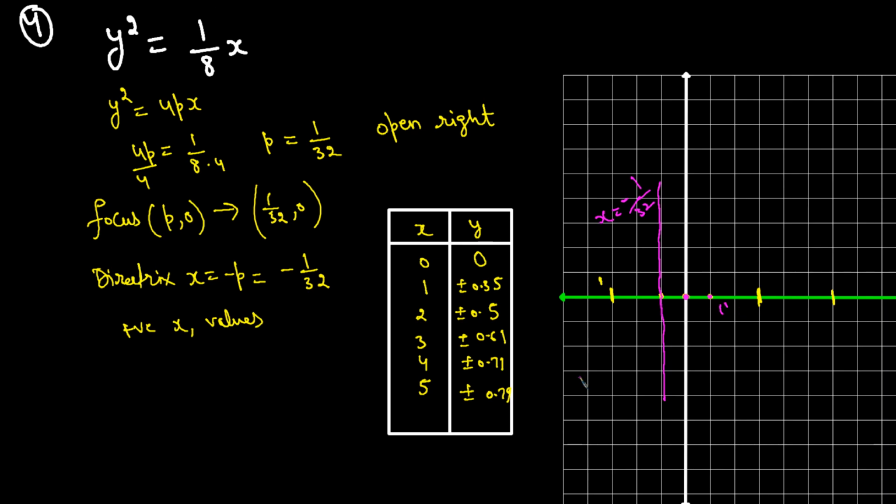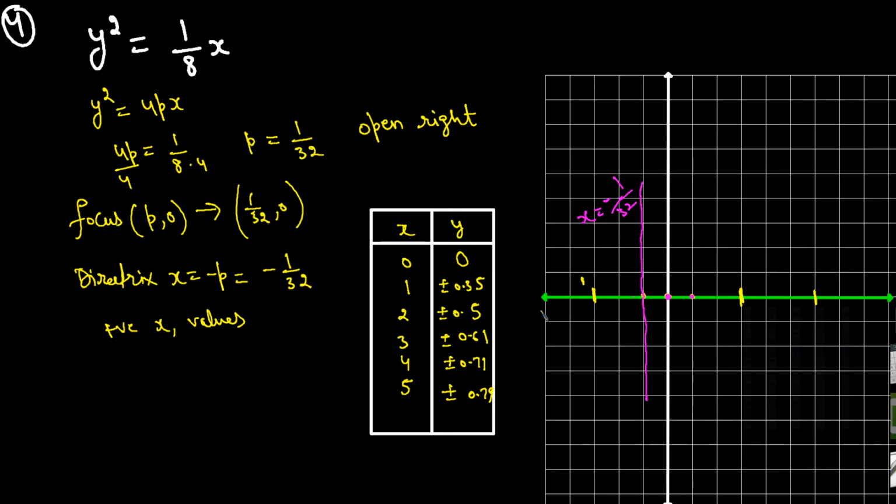Now let's plot these points so that we can graph our parabola. If x is 0, y is 0. If x is 1, which is here, y is 0.35.